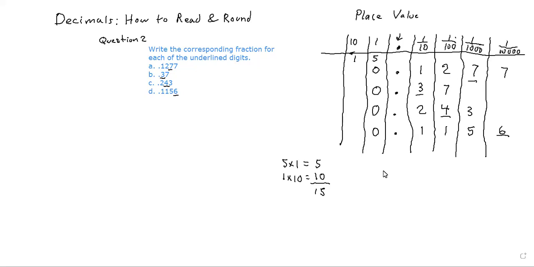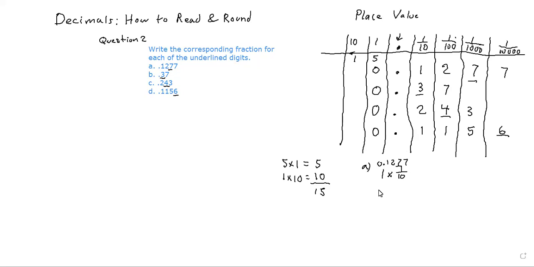Here we have 0.127, and the 7 is underlined. The first digit to the right of the decimal is 1, and that's in the tenths place. So it's 1 times 1/10.